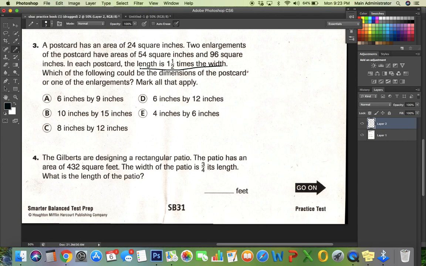This is the length. Is that 1/2 times the width? Okay. 6 plus half of 6. Half of 6 is 3. 6 plus 3 is 9. So yeah, that works. Let me just show you my logic here. It says 1/2 the length equals 1.5 of the width.